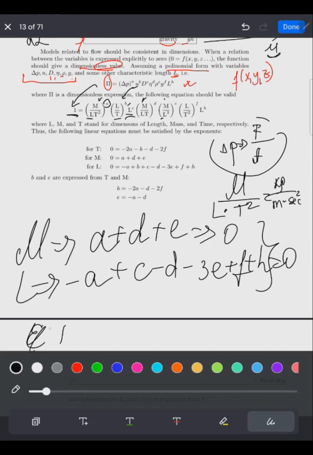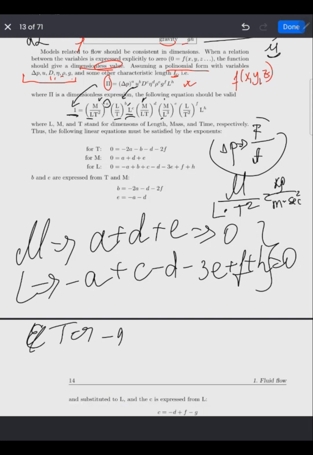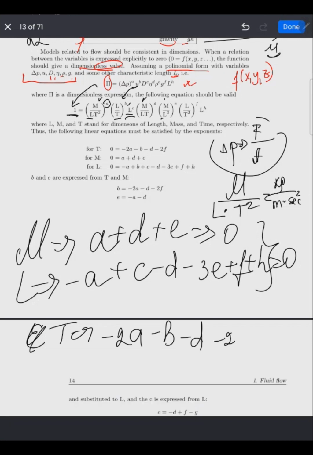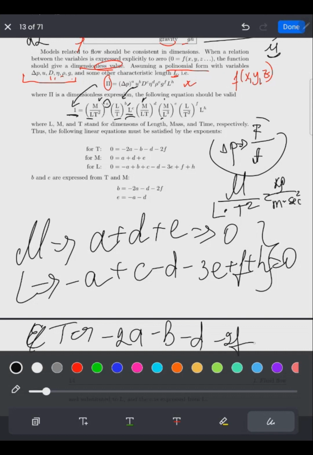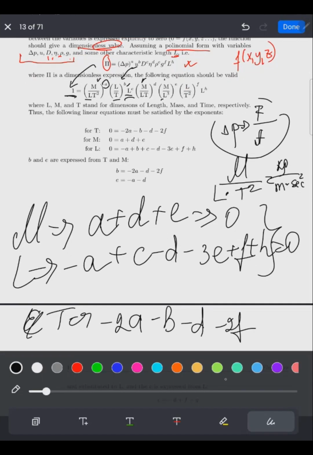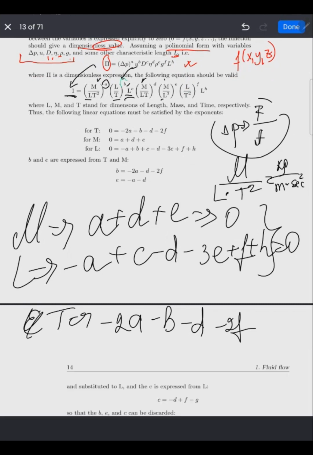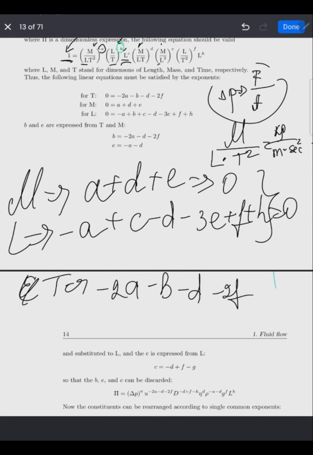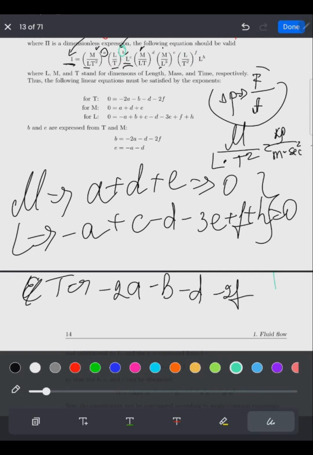Now we are going to the mass side. As you can see, we have the M's, we have M here. Then we have the length and also the time. So let's first write for the M. As you can see, M is here in the numerator, therefore it will be just plus M. Next, we have D in the numerator, and we have M here as E, right?